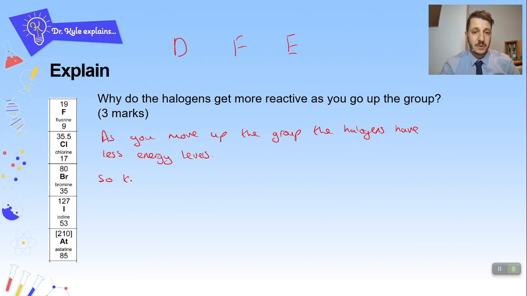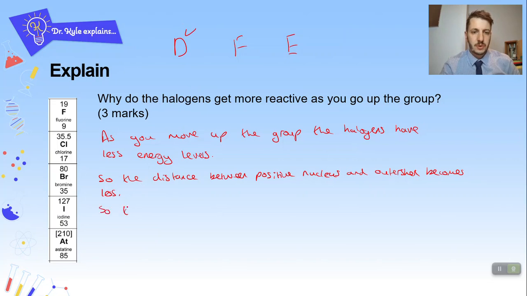So the distance between the positive nucleus and outer shell becomes less, or is reduced. Tick.